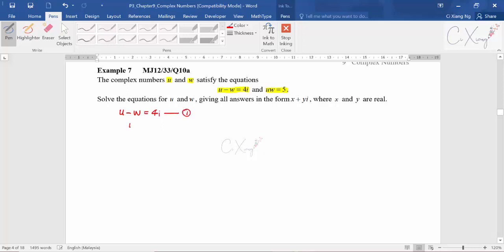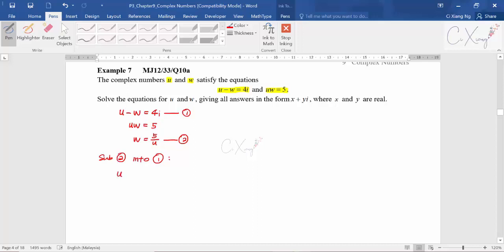All right, and after that you have uw equals 5, which means that your w equals 5 over u. So I will make this the second equation. All right, so you substitute equation number 2 into equation number 1.